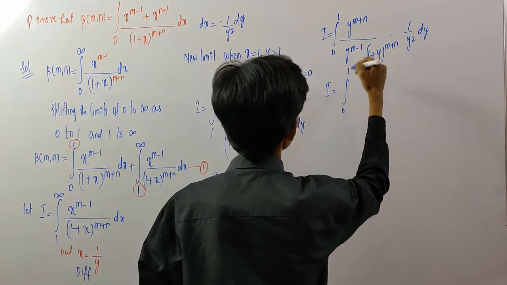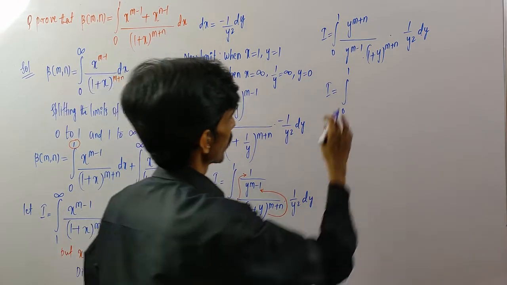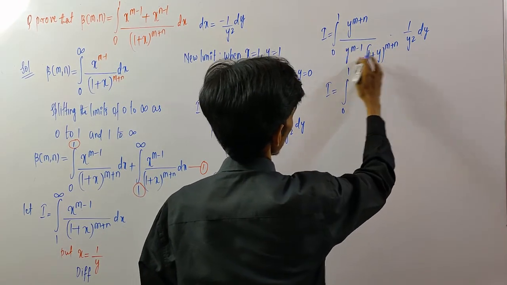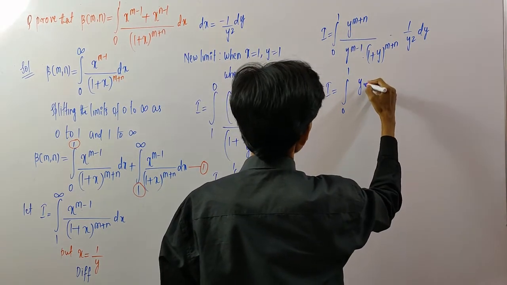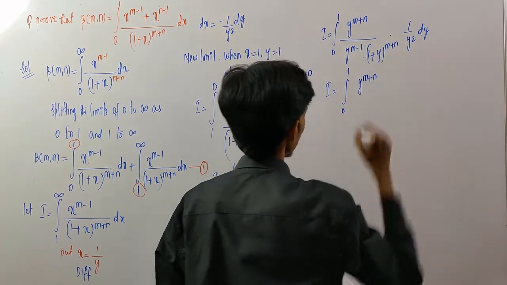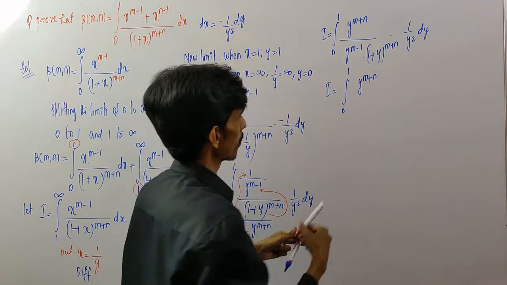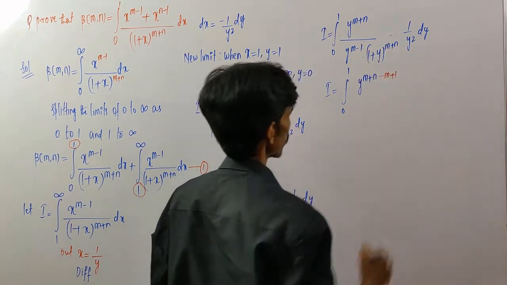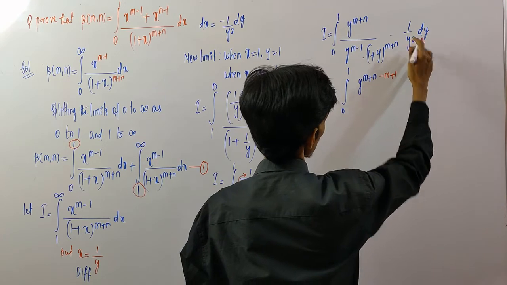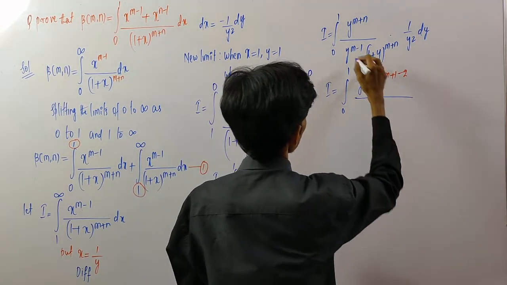Here we have y terms. Take y power m plus n, minus m plus 1 in the numerator, and the y square will become minus 2 in the numerator.